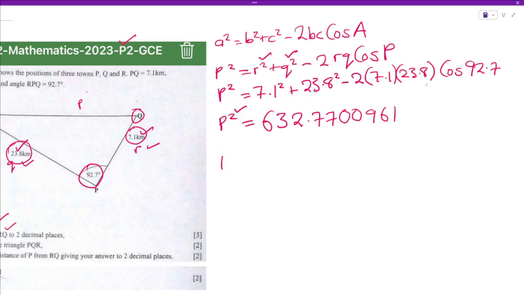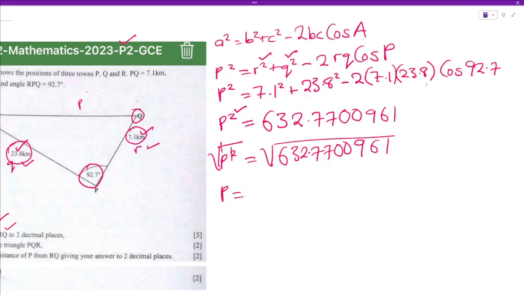Okay, so we need to get rid of this square, meaning we are going to square root both sides. So we're going to say the square root of 632.7700961. So we cancel that, meaning our P is going to be, so my calculator does not allow me to simply press the square root button.